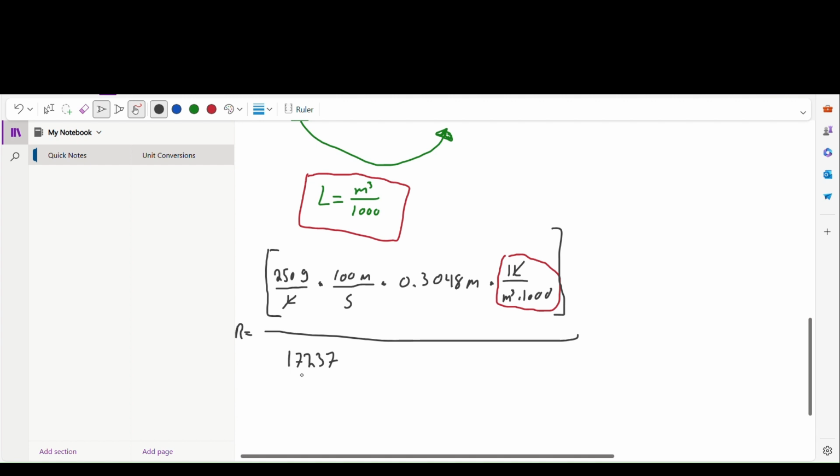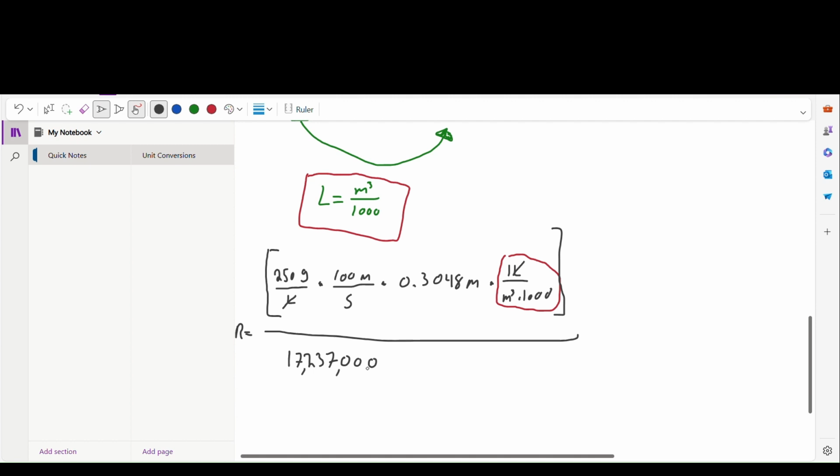So if you had a point here, it'd be 1, 2, 3, 4, 5, 6, 7. It's going to be 17,237,000. That's going to be pascals times second.